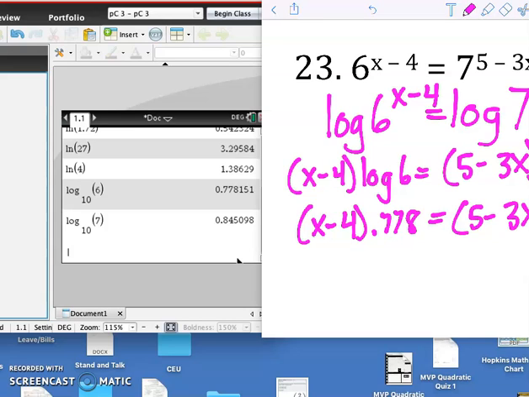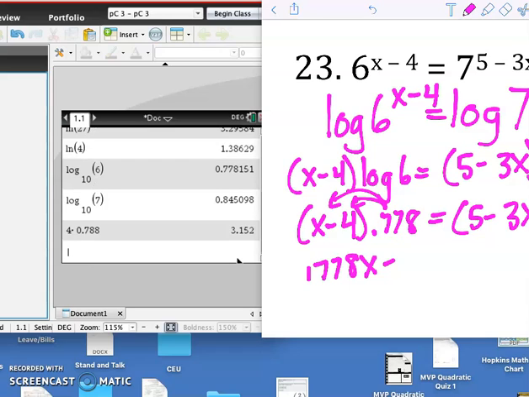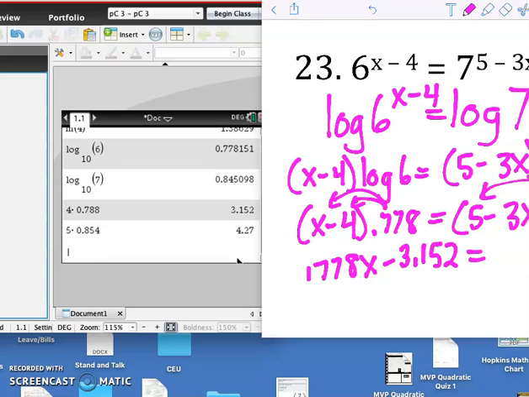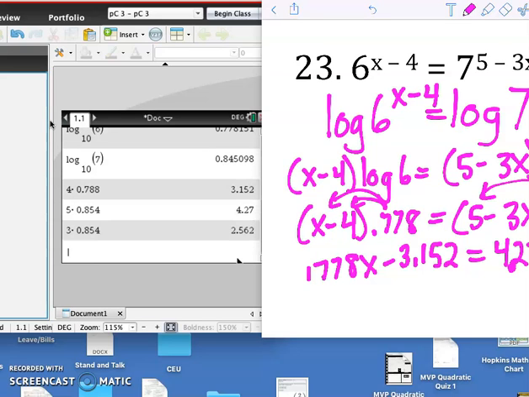So now what we have to do is we just have to solve by distributing. So 0.778x minus, let's see, 4 times 0.778, 3.112, equals 5 times 0.854, 4.27 minus, so that would be 3 times 0.854, 2.562x.